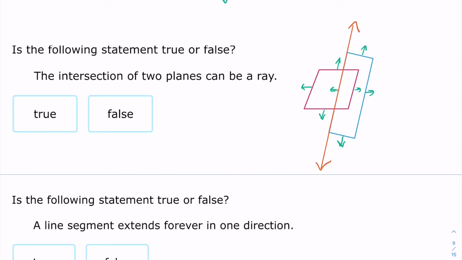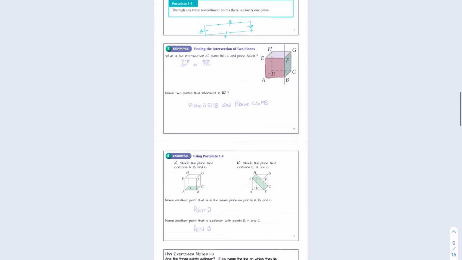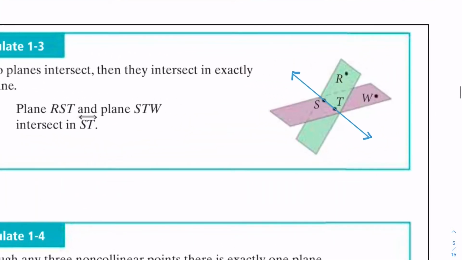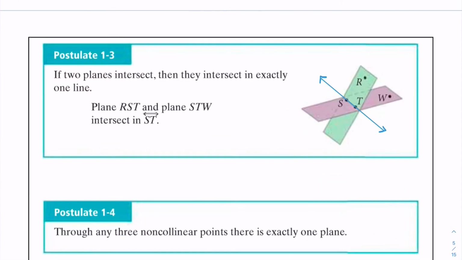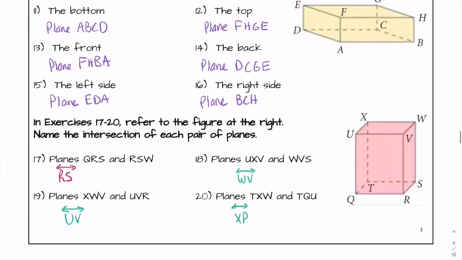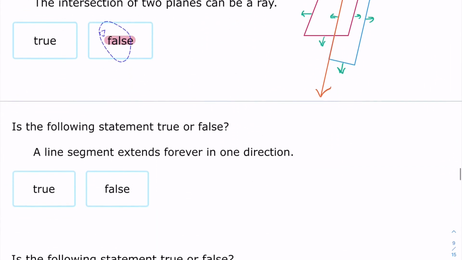So the intersection of two planes can be a ray? That is false. It will always be a line, or our planes will be parallel. I think in our last lesson we had a good drawing of it, right here. We have two planes intersecting forever at a line because they go on forever. That's the answer to that one.